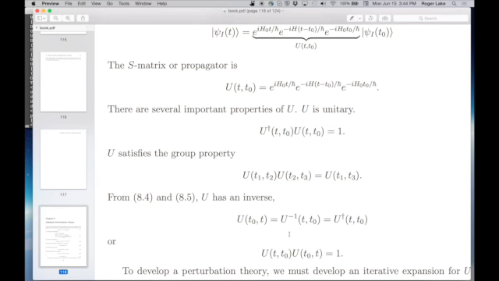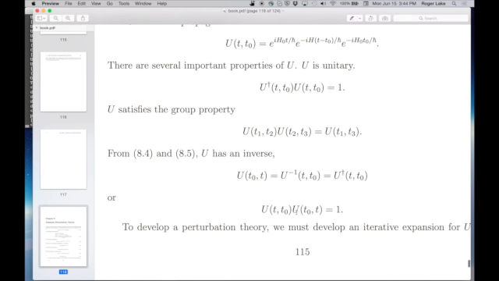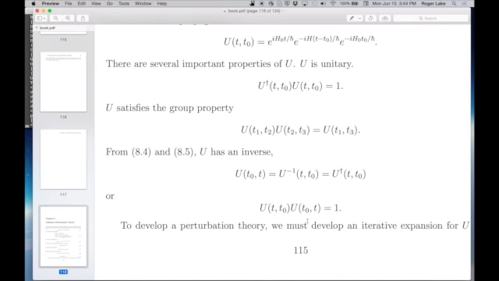So if I flip the t and t0, that's also the inverse, which is also the dagger. Yeah, again, from the group property, this is just going to give me U(t,t), which, since you aren't propagating anywhere, is going to be the identity.